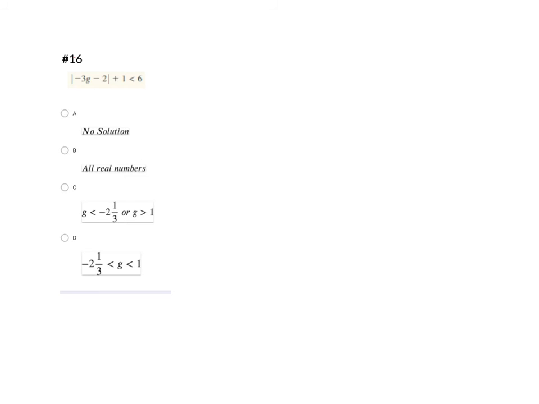The last one we have is the absolute value of negative 3g minus 2 plus 1 is less than 6. So I'm going to get rid of that plus 1 by subtracting 1 from both sides. That gives me the absolute value of negative 3g minus 2 is less than 5.